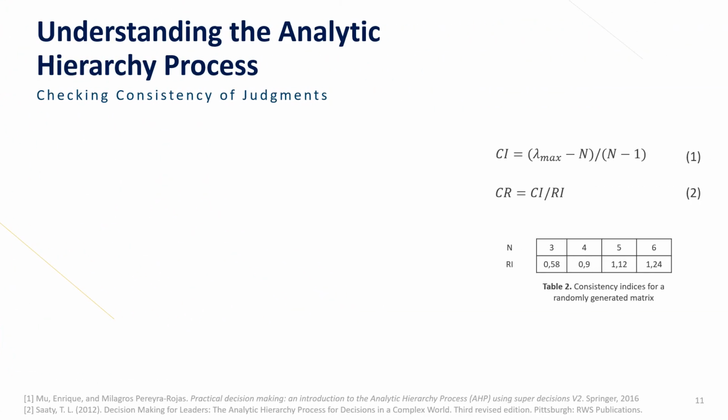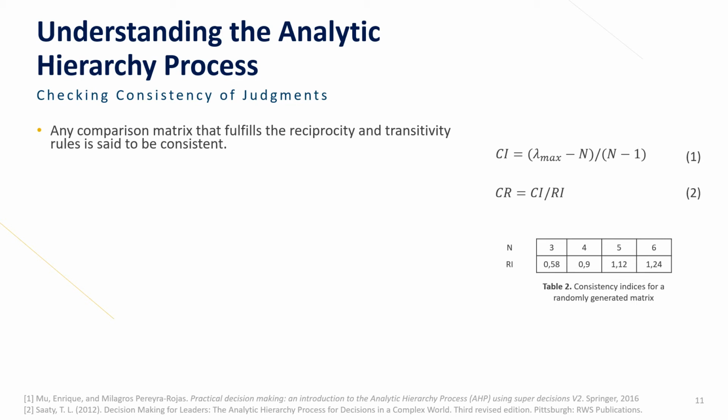Previously we said that to use the approximation method for the priority weight, you need to have a consistent judgment. It means that any comparison matrix that fulfills the reciprocity and transitivity rules is said to be consistent.